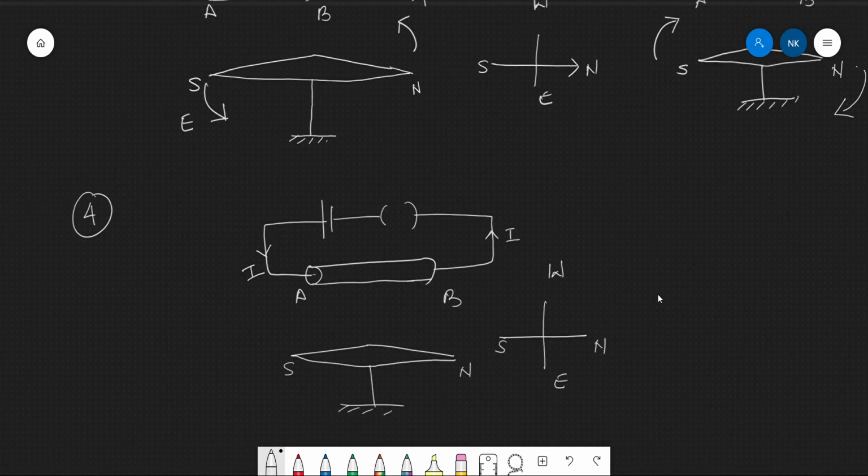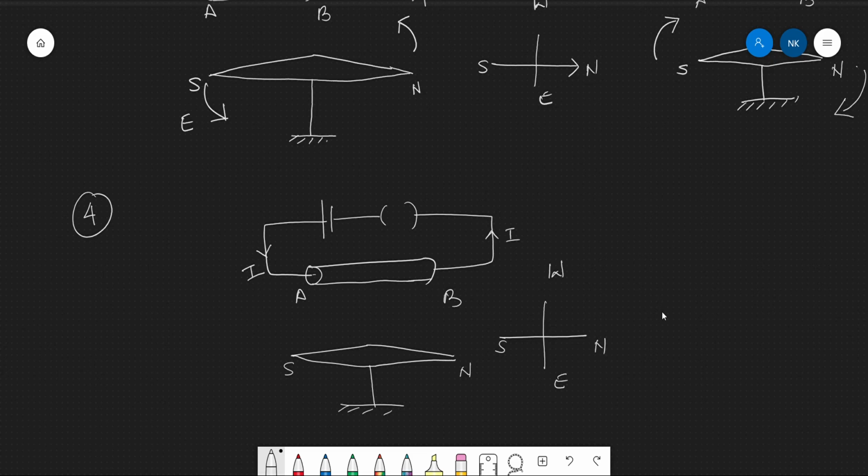The fourth observation says that the magnetic field associated with this current carrying wire exists only while the current is flowing through this wire. Once the key was plugged off, the compass needle got aligned back to its original position. That means the magnetic field of the earth only.